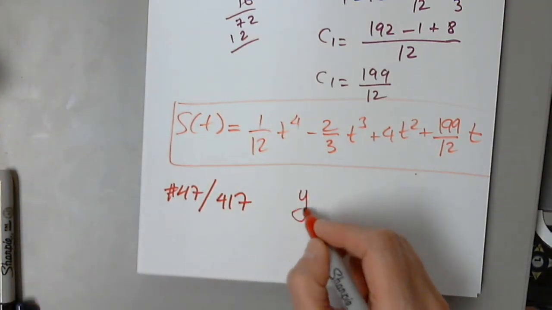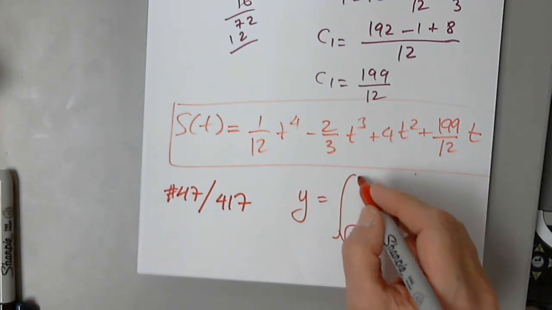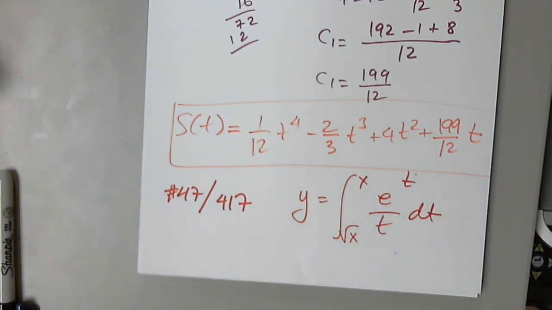So we have y equals the integral from the square root of x to x of e to the t over t dt. You understand that this is a function of x because the limits of integration are in x. That's why we cannot have x inside; we have to have any other variable, not x.